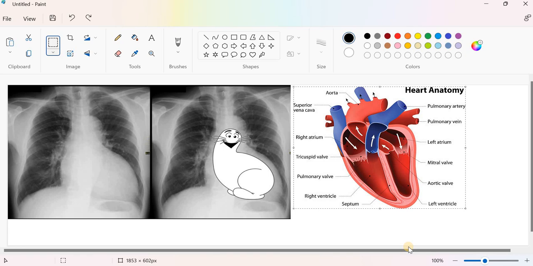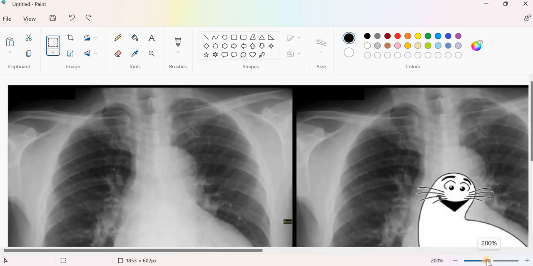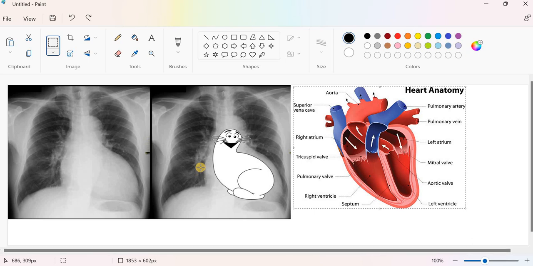It might be to the 6th, 7th, 8th, or 9th, according to the level of enlargement. So let us first try, in this image, to count the ribs and see at which level our apex is.